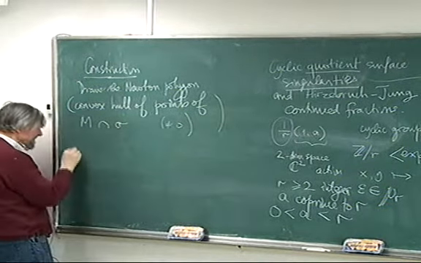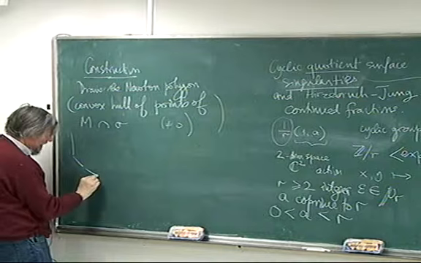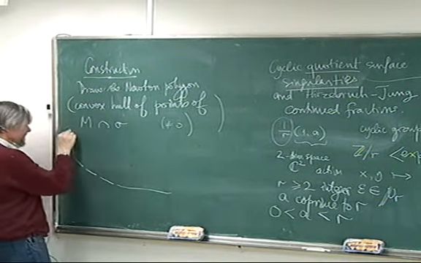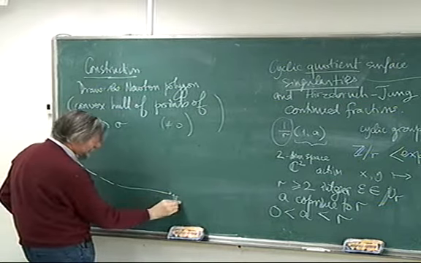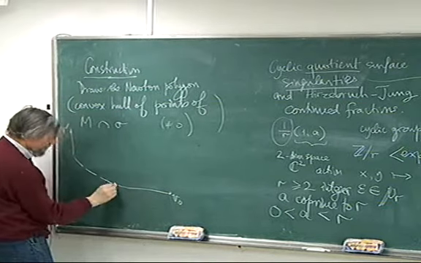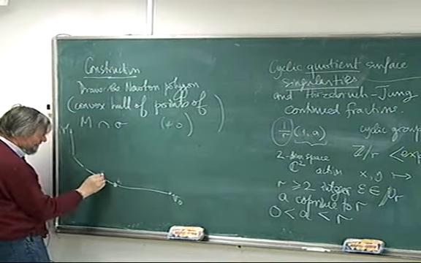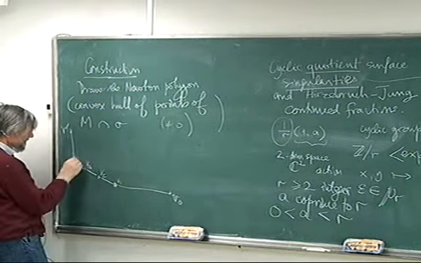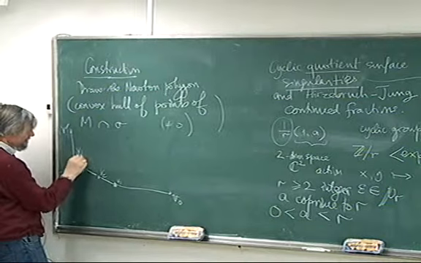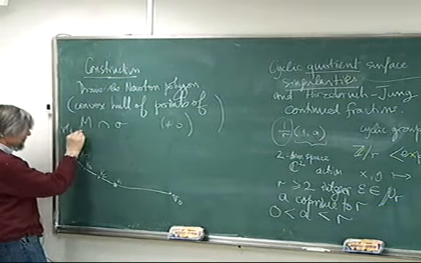I call this line, there's a line there that goes from V naught to V primed, and I call the points along the boundary V1, V2, V3, and so on, Vk minus 1. And this V primed is now Vk.